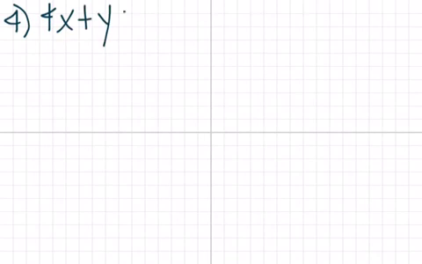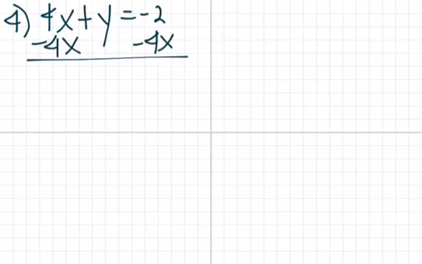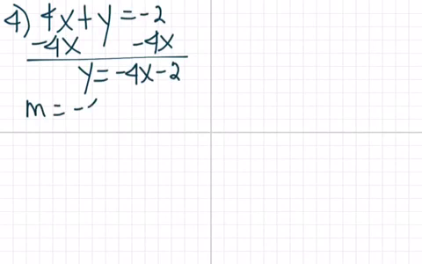If you will look at number 4 on the first page of notes, you have 4x plus y equals negative 2. Subtract 4x from both sides. So y equals negative 4x minus 2. The slope is negative 4.